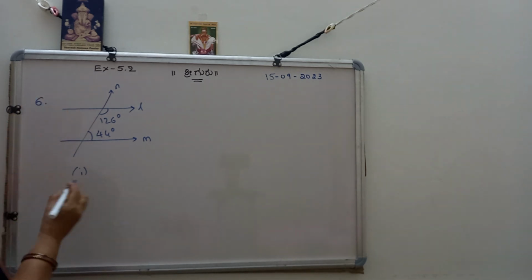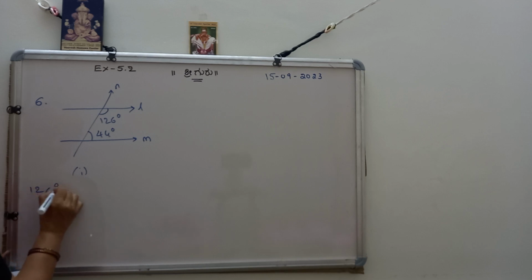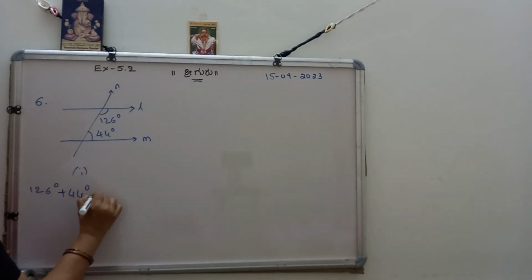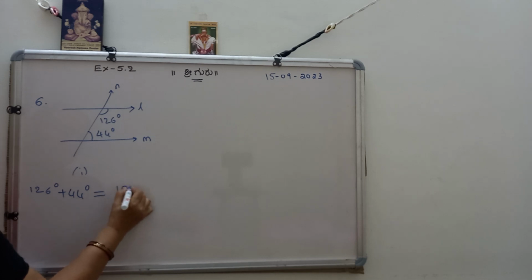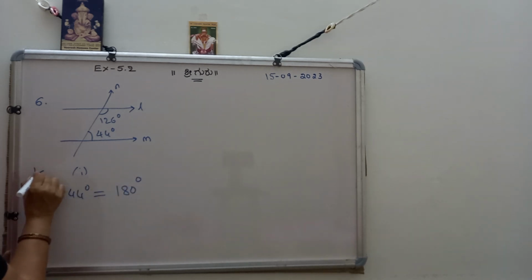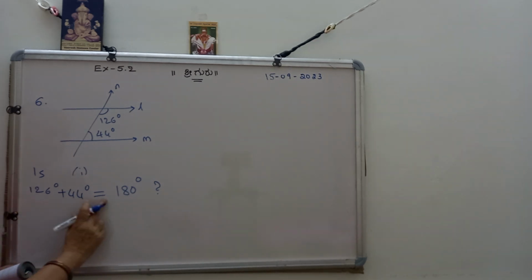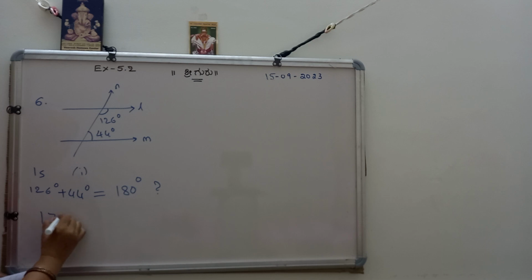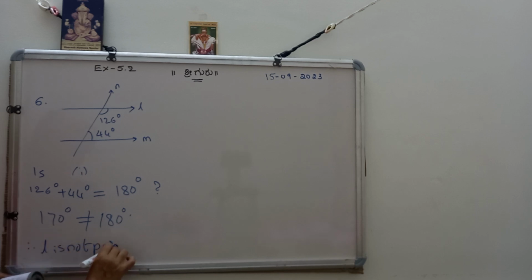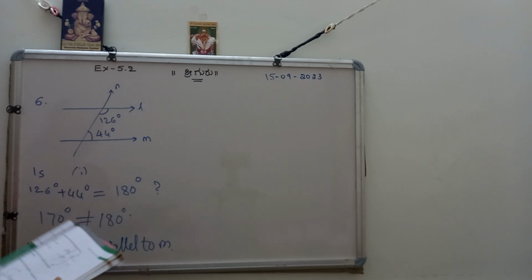Let us check whether 126 degrees plus 44 degrees is 180. 126 degrees plus 44 degrees is 170 degrees, not equal to 180 degrees. Therefore, L is not parallel to M. Okay.